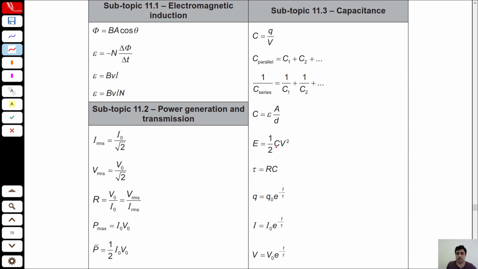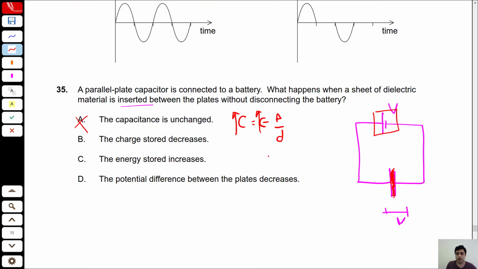We already discussed that the voltage on this capacitor will be the same because it depends on the battery. As the capacitor is fully charged, half is constant. So we know the capacitance has increased because of the presence of this dielectric. If you increase the capacitance, the amount of electrical energy stored on the capacitor will also increase. That is why 35 is increased. Potential difference just stays the same.